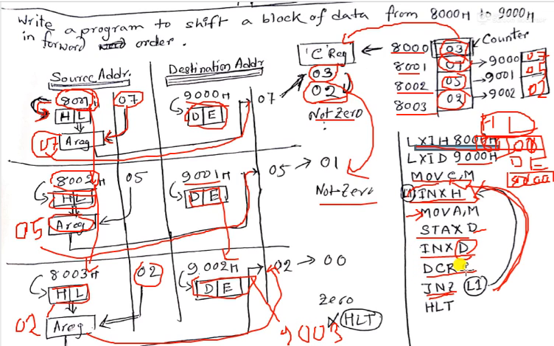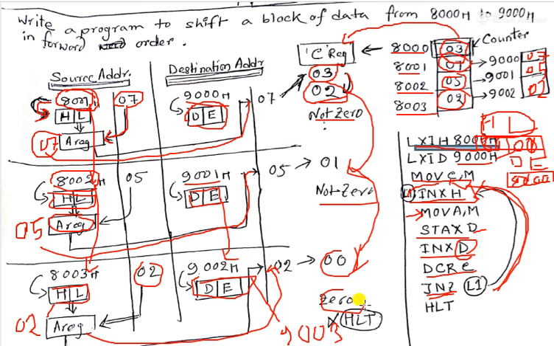Then decrement the C register. The C register content was 01, it comes to 00, and here we check jump on not 0. If not 0, then jump. If 0, terminate the program.